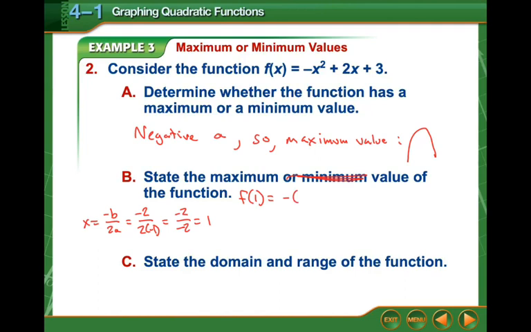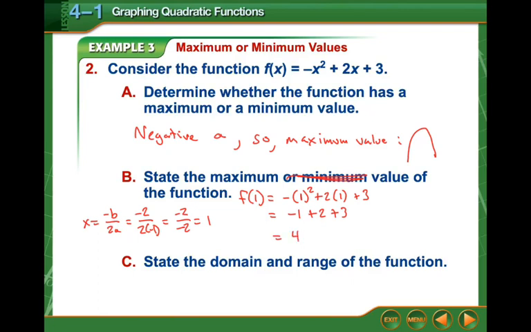That's negative 1 times 1 squared, plus 2 times 1, plus 3. So that's going to be negative 1, because 1 squared is 1, but the negative is outside of the parentheses, so it's a negative. Plus 2, plus 3, and that's going to be 4.